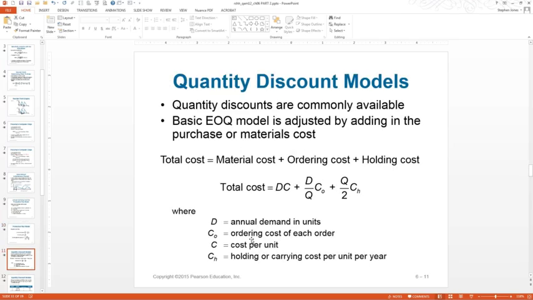Now, what if quantity discounts make a difference? And a quantity discount might make a difference because you find yourself where ordering a higher number gets you a lower per unit price. And so we will now have a total cost including a material cost. And this will work, to some extent, for production as well.